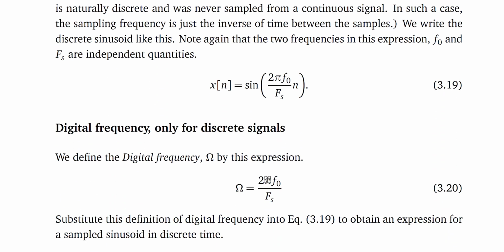So now we're going to define something called a digital frequency, this omega term, and that omega term encompasses all three of these. So here's 2 pi f0 divided by fs. We're going to call that the digital frequency.